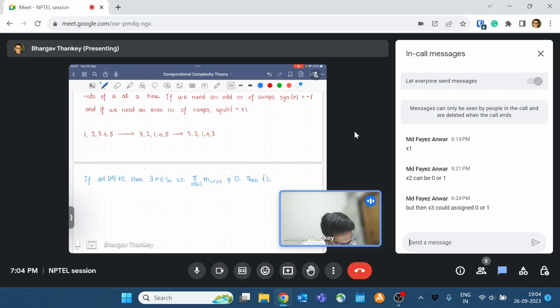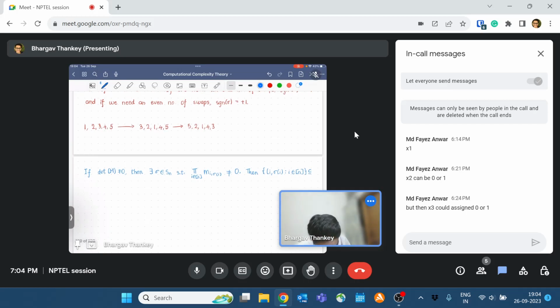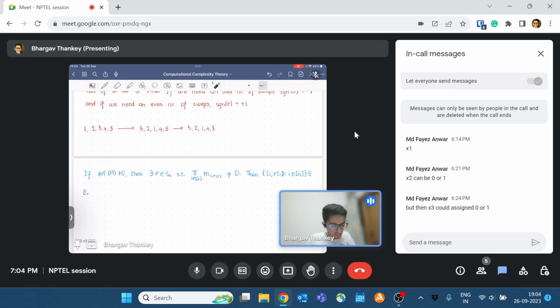Then the set of pairs (i, sigma(i)) for i in [n] is a subset of E. What I'm claiming is, if this product is non-zero, then the pairs (i, sigma(i)) must be a subset of E. Why?